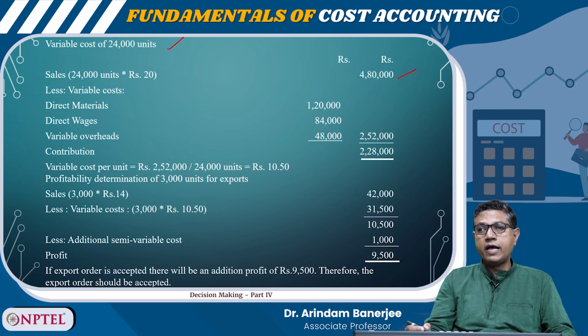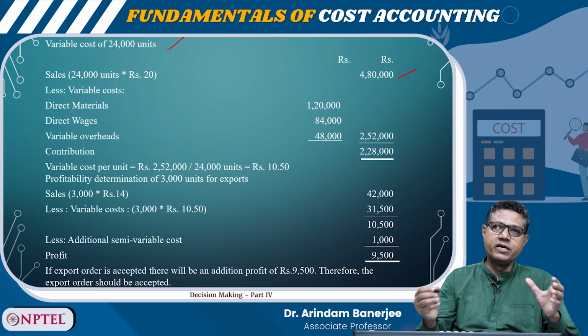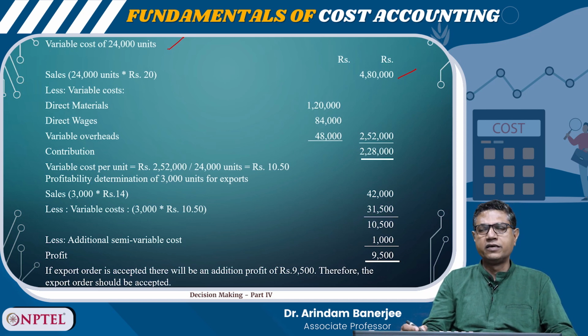As we discussed earlier, in short and medium term decision making, we primarily focus on the variable cost component of the total cost, because fixed cost in the short and mid term we won't be able to influence. In the short and mid term, the only cost components which we can influence are the variable costs.